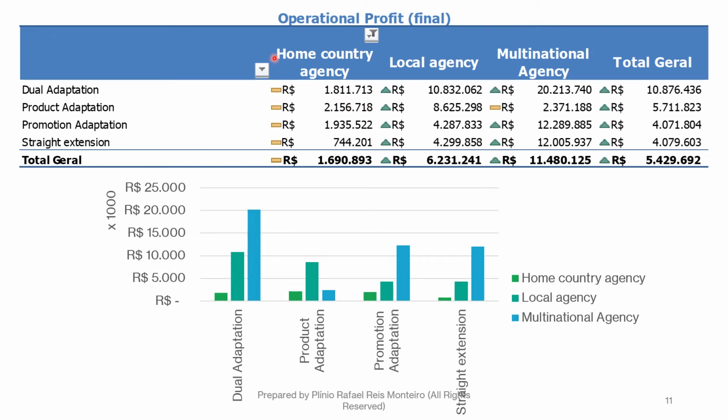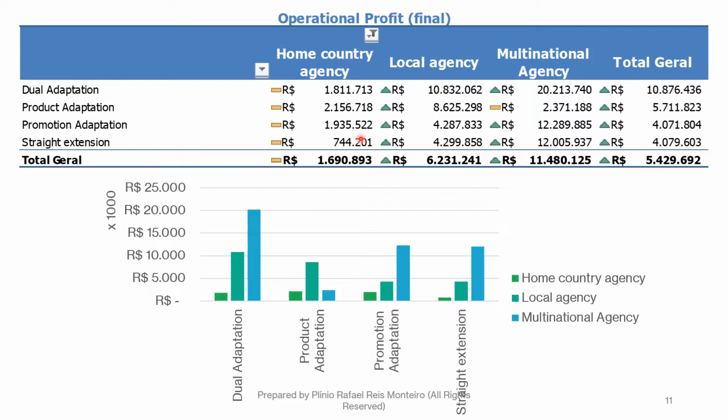In general, companies achieved an average, a median profit, with product adaptation or dual adaptation using a home country agency. And it seems that home country agency leads to really low profit with straight extension.